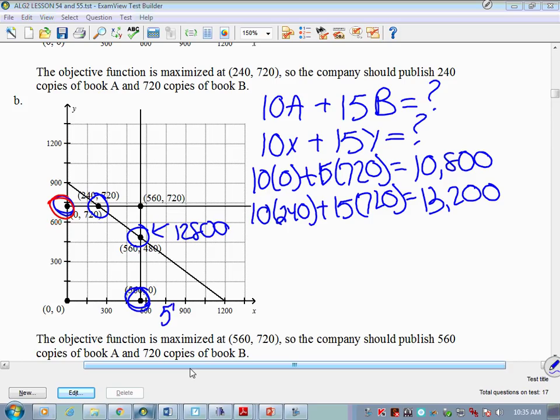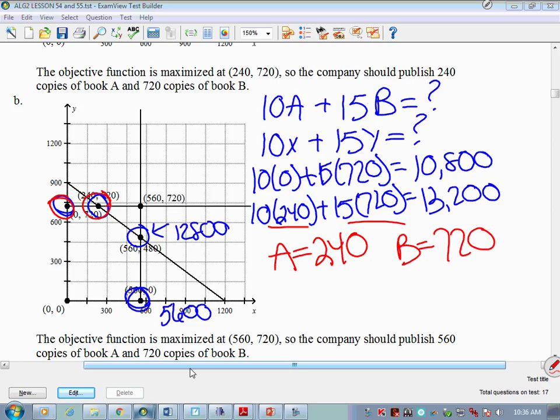We're going to get 5,600. So where's my highest profit? Is it 10,800, 13,200, 12,800, or 5,600? No, not 12,800. It's 13,200, which was right here. So those coordinates are this and this. So of book A, I need to make 240. Book B, I need to publish 720. We'll finish this lesson tomorrow.